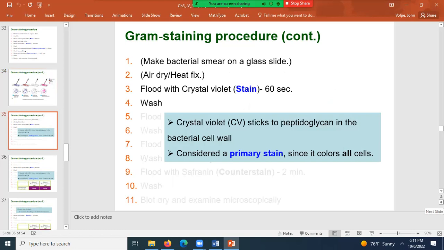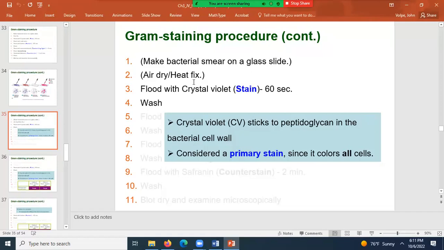All right, so initially, you make the bacterial smear on a glass slide. Ideally, you have your bacteria only a single cell thick. You do need to air dry and heat fix the cells. Otherwise, the cells will wash off the slide.